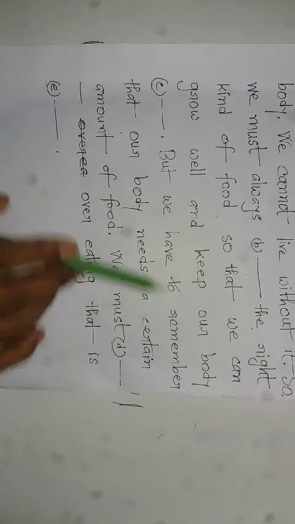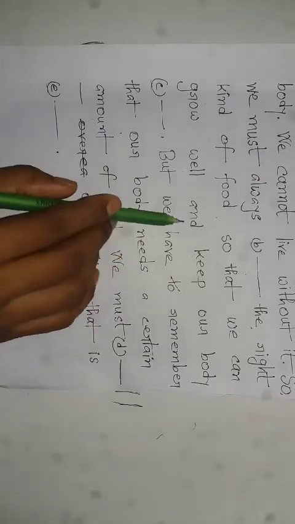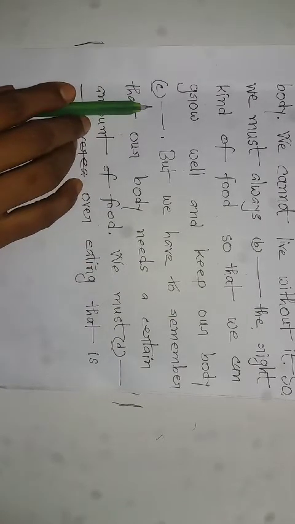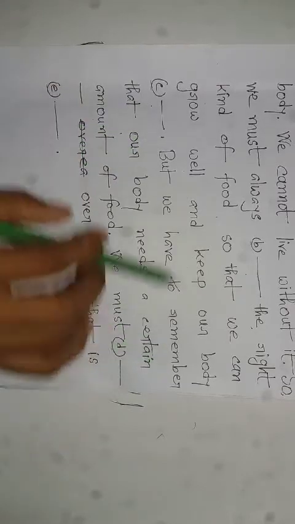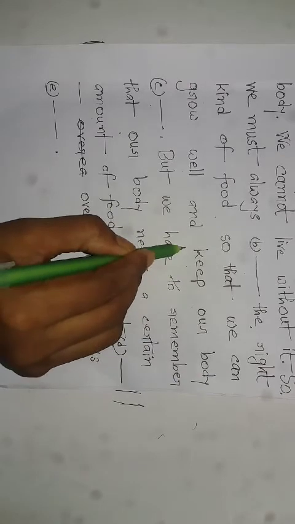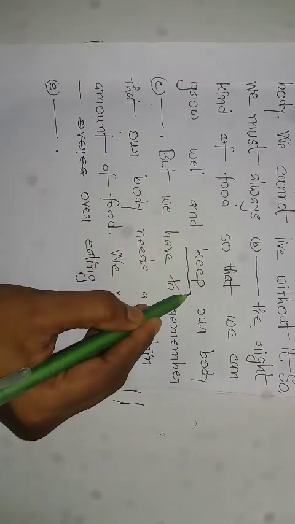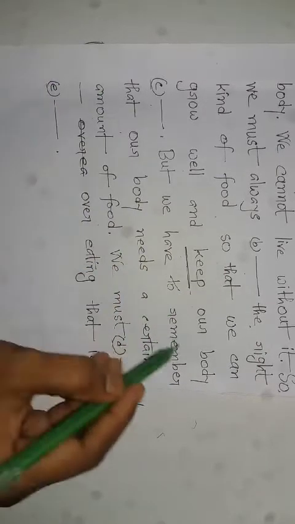Look at the last part of this sentence. This is the last part. Keep our body. Here is a gap. You have got a verb keep. Notice the verb keep. You know, this verb is followed by an object.